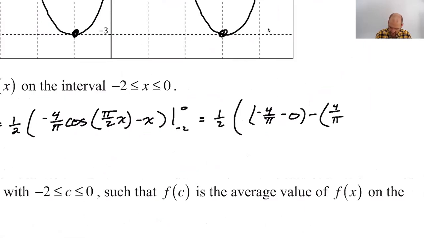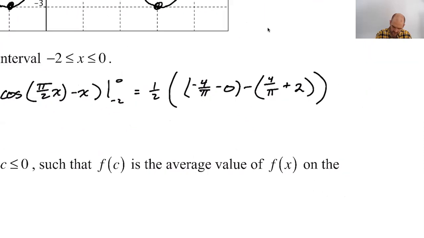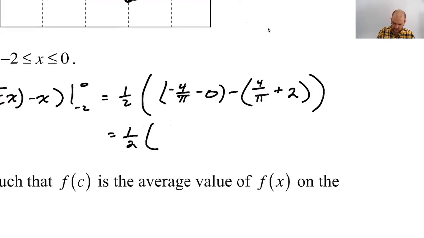And then plus 2. Okay, so that's 1/2. And you simplify however you're the most comfortable. I am most comfortable just messing around with it as I simplify. I don't have a super organized way of doing it. Oh, okay, I got -4 over pi minus 1.